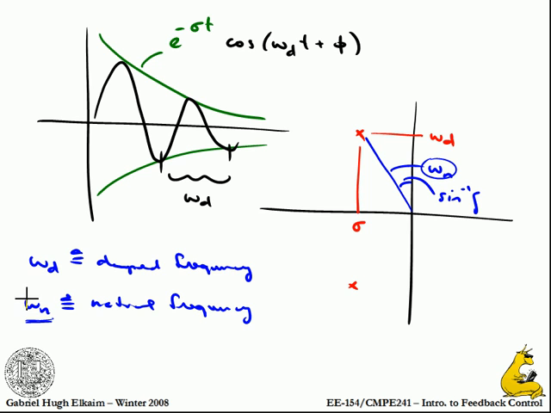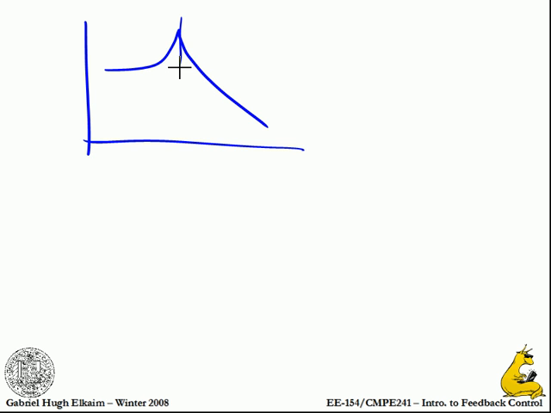Which means that if I look on a Bode plot, for instance, I'm going to find something that looks like that. And that peak is going to occur at omega n, where this is the magnitude versus the frequency. So all of a sudden, there's a frequency at which the system actually provides amplification.